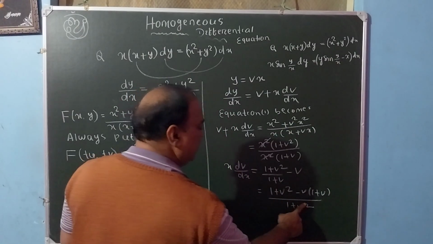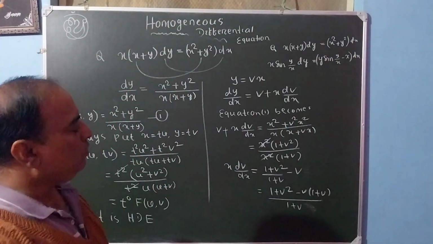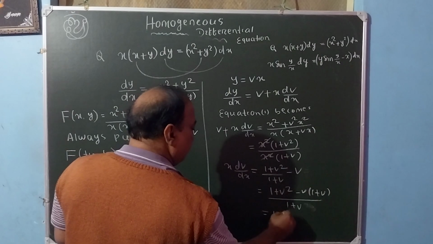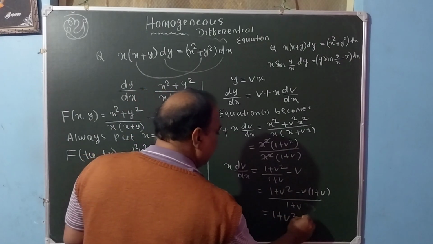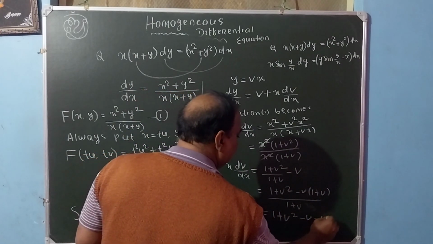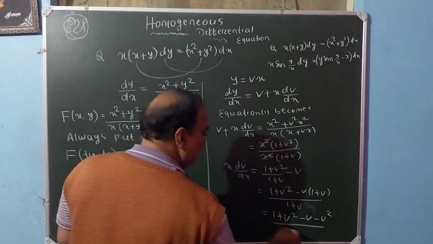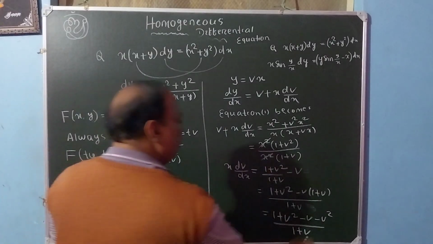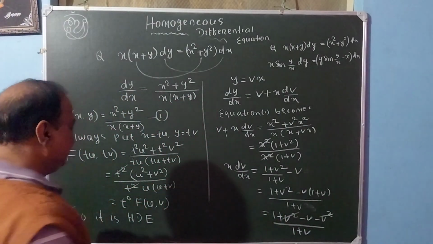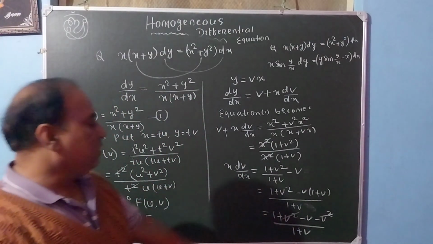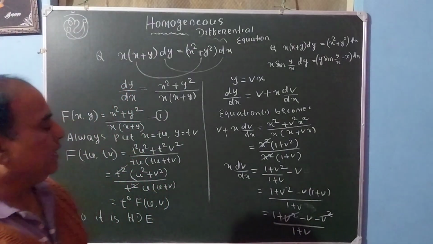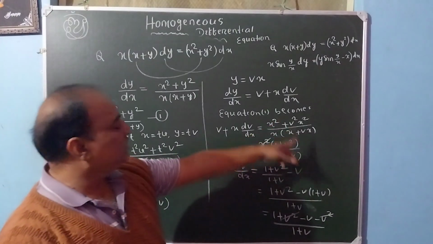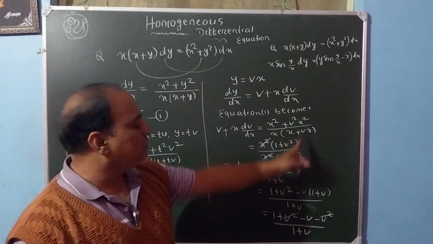Now multiplying, we get 1 plus v square, here it is minus v minus v square. Plus v square minus v square cancel each other, and it is (1 plus v square) divided by (1 plus v).